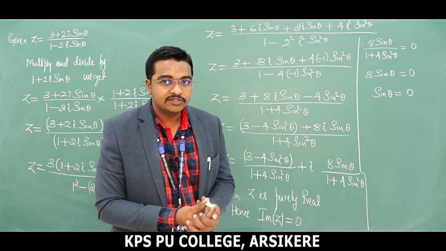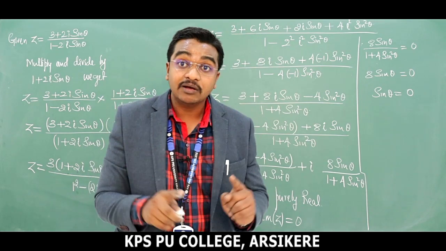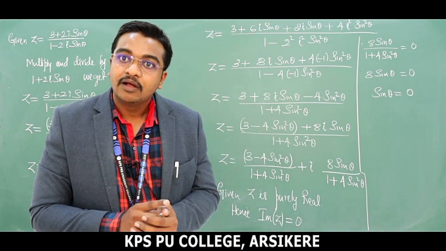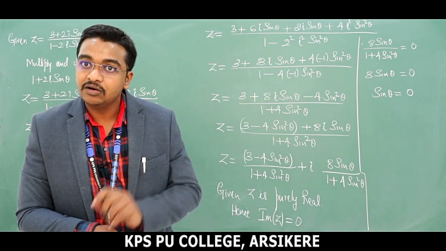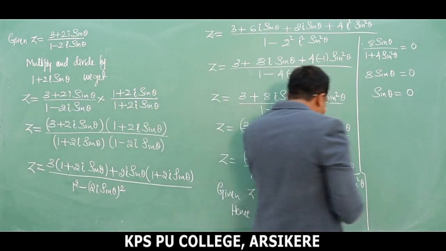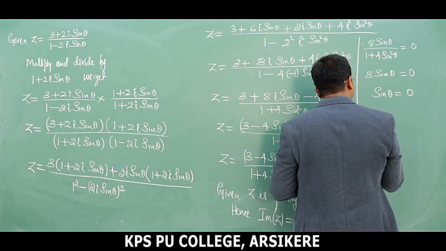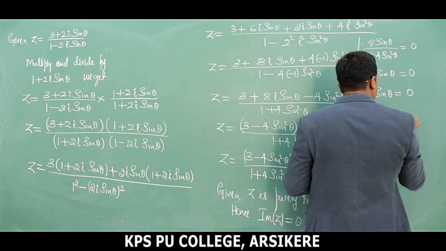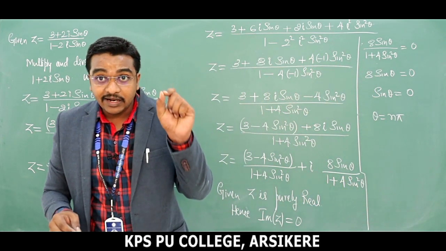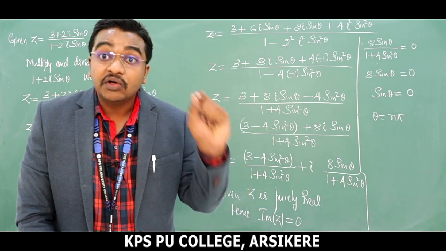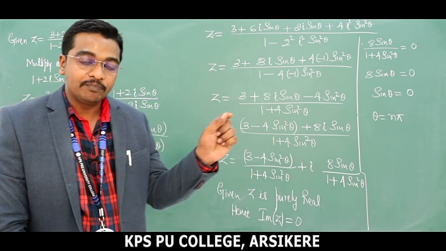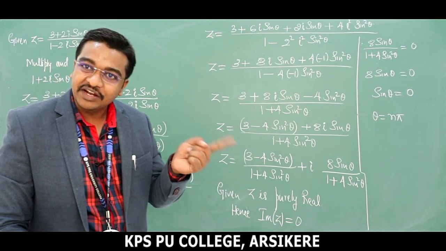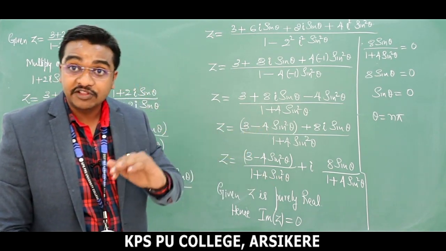Sin theta is equal to 0 means when sin theta becomes 0, at 0 degree, right, or 0 radian. So we can write this as, therefore, theta is equal to n pi, because when it is an integral multiple of pi the value of sin becomes 0. Sin of 0 is 0, sin of pi 0, sin of 2 pi 0, sin of 3 pi 0.